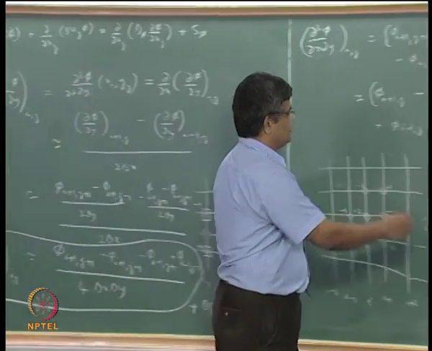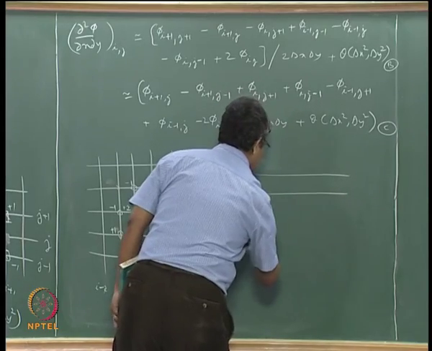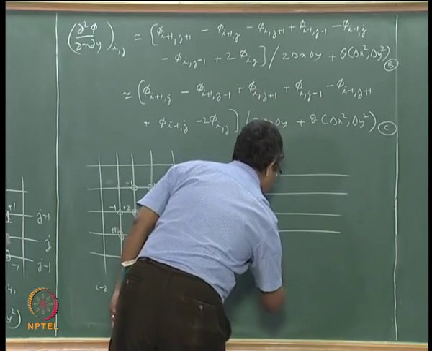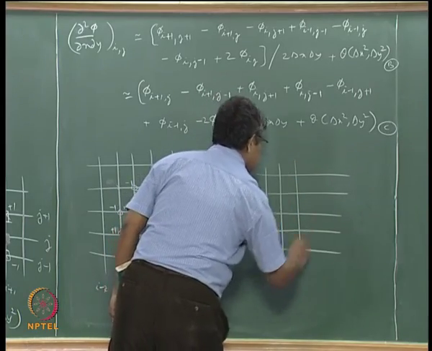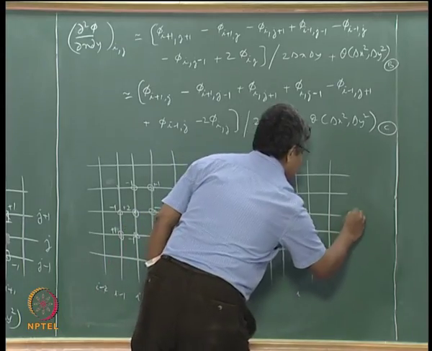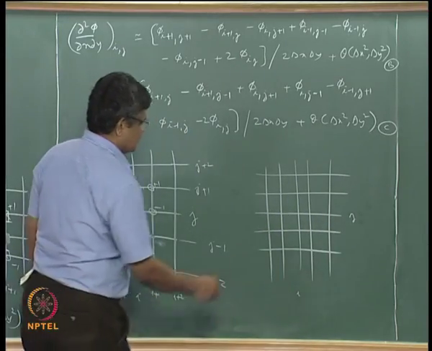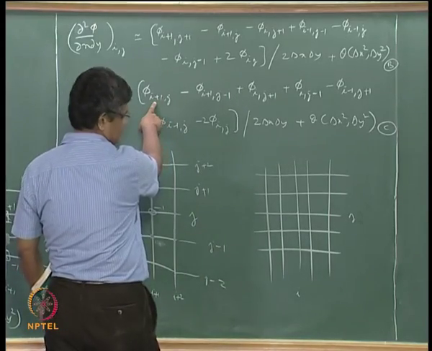Now let us see what this molecule here says. 3, 4, 5. Again we have i here and j here. So we are looking at this one, and here is i plus 1 j.